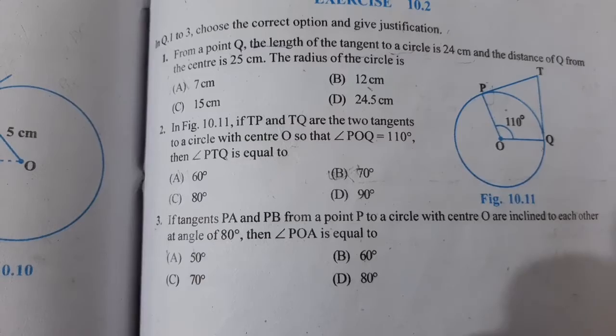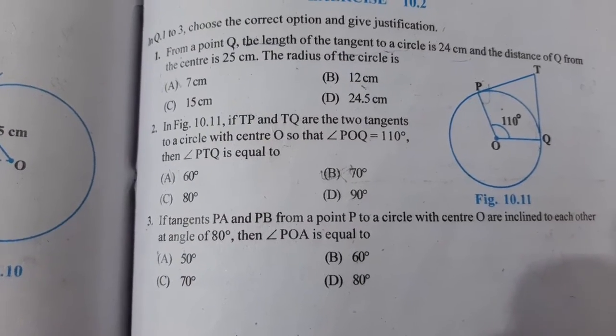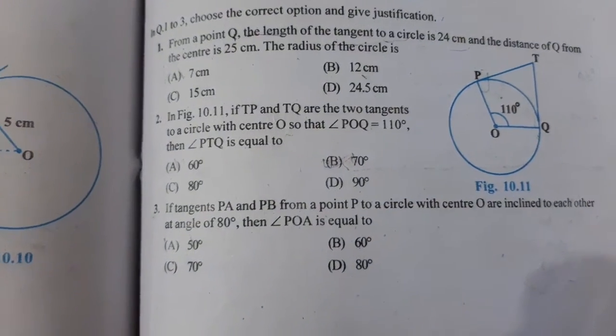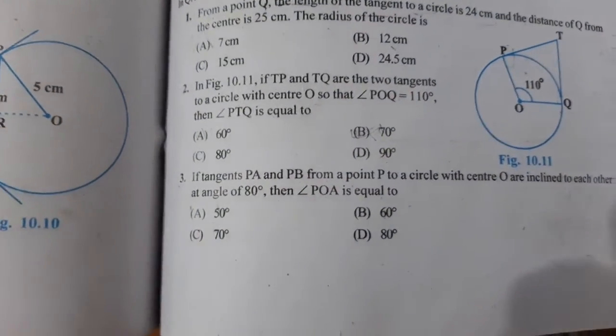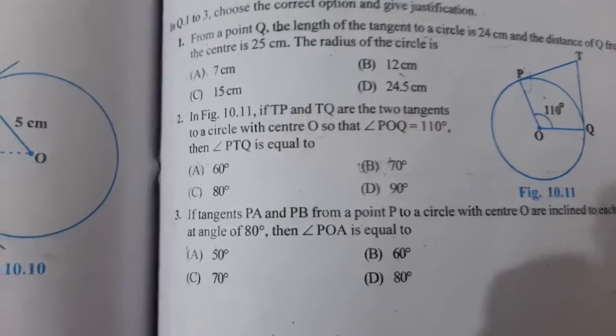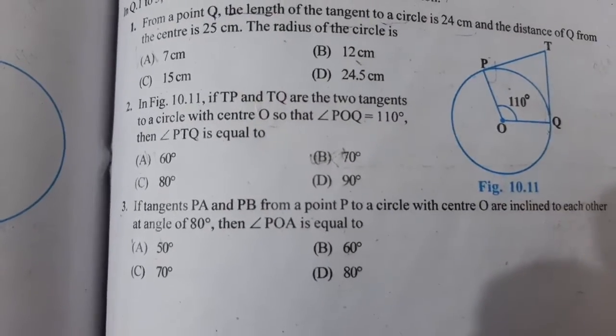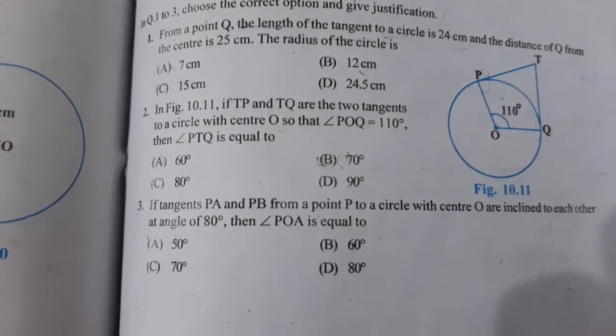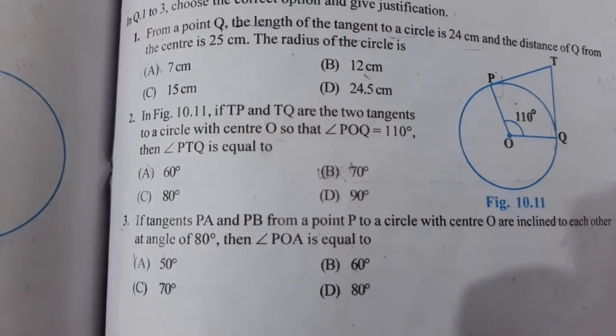So at the meeting point P, with the arm PA and the arm PB, the angle made is 80 degrees. And they are asking us to find out the angle POA. We need to find angle POA is equal to dash.